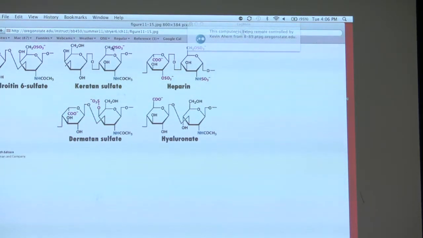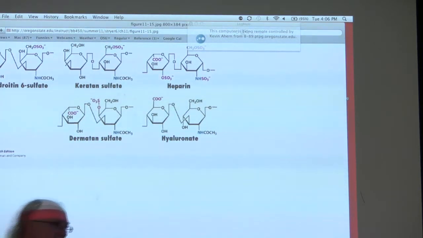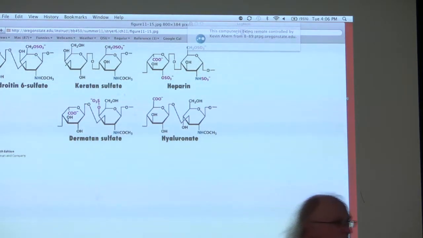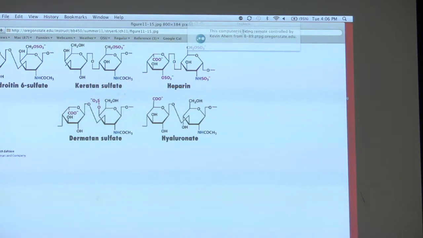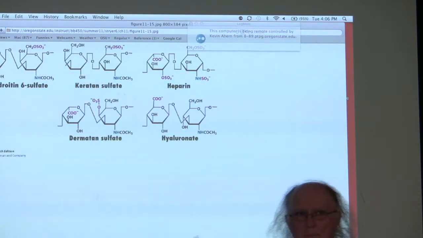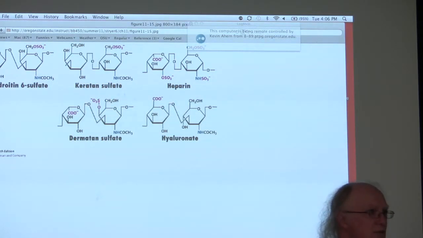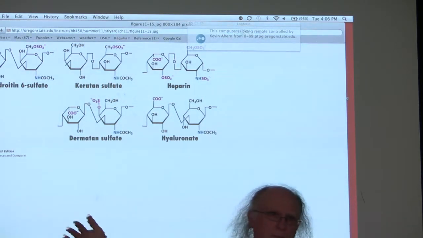So when we think about thousands and thousands of these arranged in three-dimensional space, what we have made is a polyanionic compound, meaning that it has many, many negative charges arranged in a polymeric form.